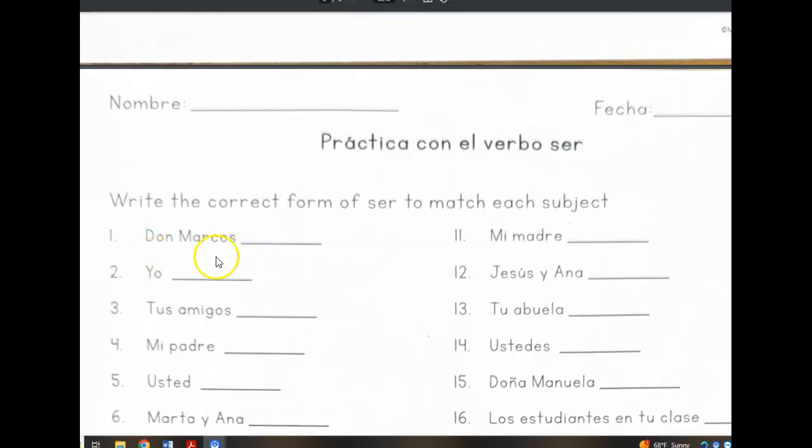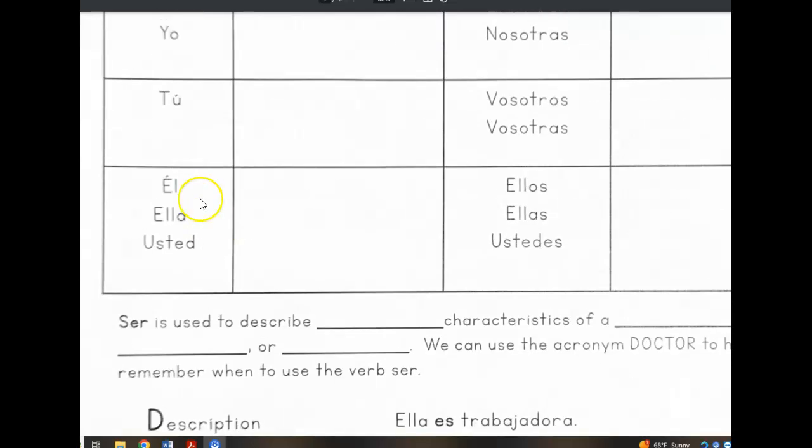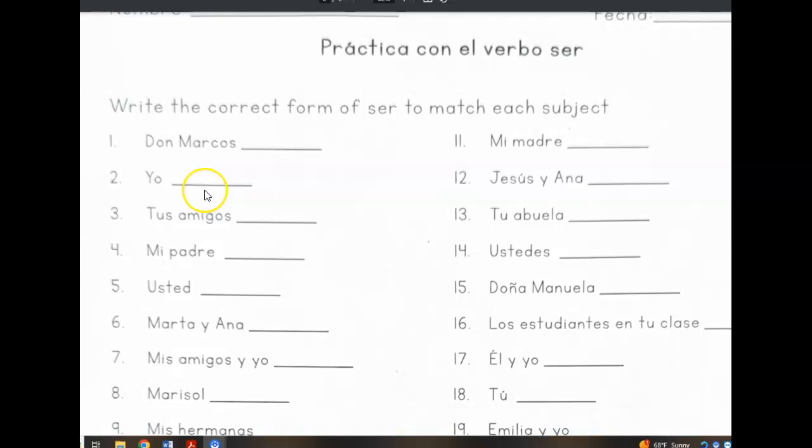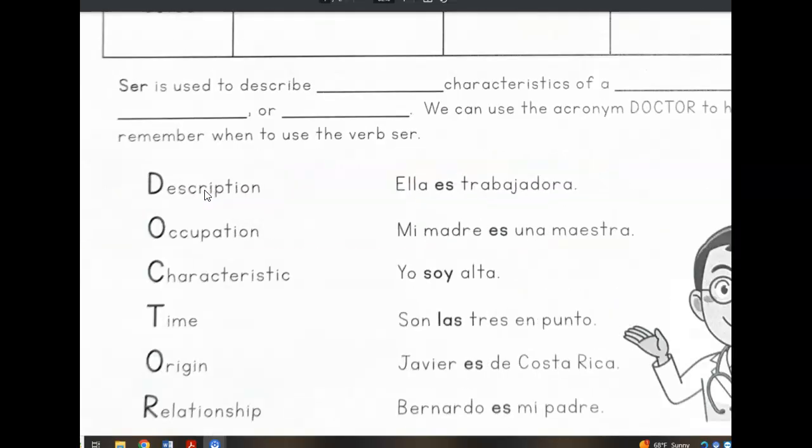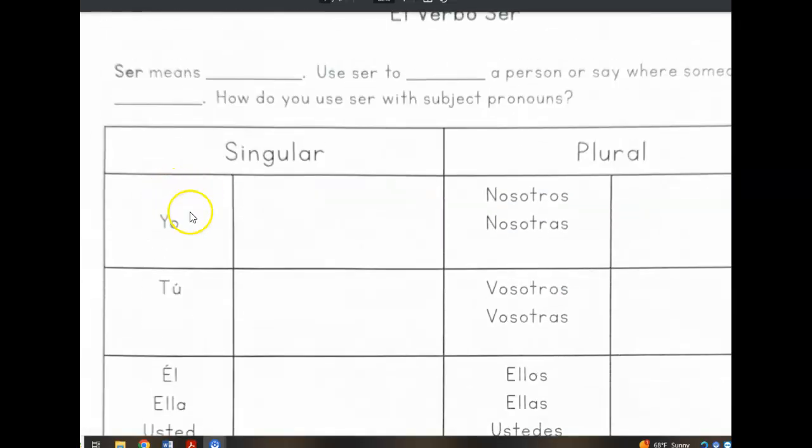Number 1, Don Marcos. Mr. Marcos would be singular, talking about him, él. And so the correct answer for number 1 is es. Yo, talking about yourself in the yo form, would be soy. Yo soy for number 2.